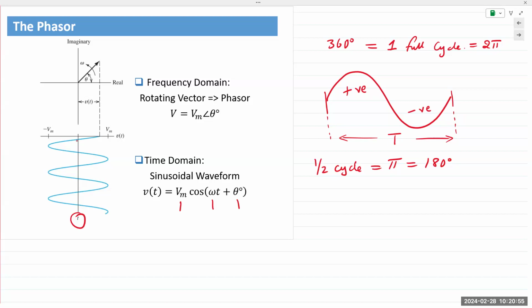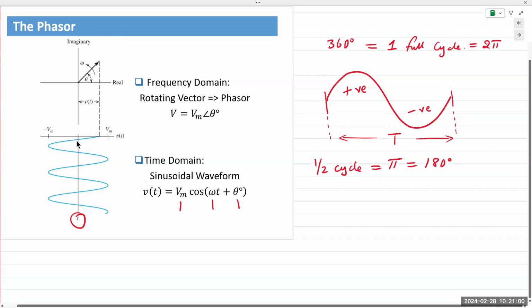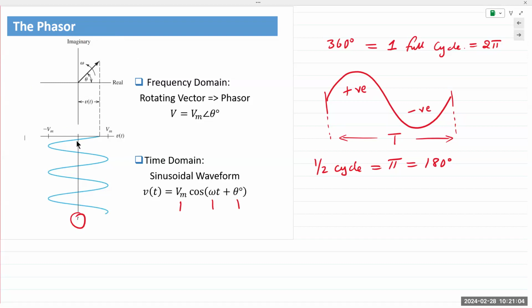Now, coming back to this illustration. As I said, the phasor is a rotating vector in the frequency domain. It's rotating at a speed of omega, but it does not require omega to describe it. We only need the length, and the phase angle it makes with the real axis, which is right here. The length is Vm, the magnitude. Hence, this author likes to use m as a subscript.